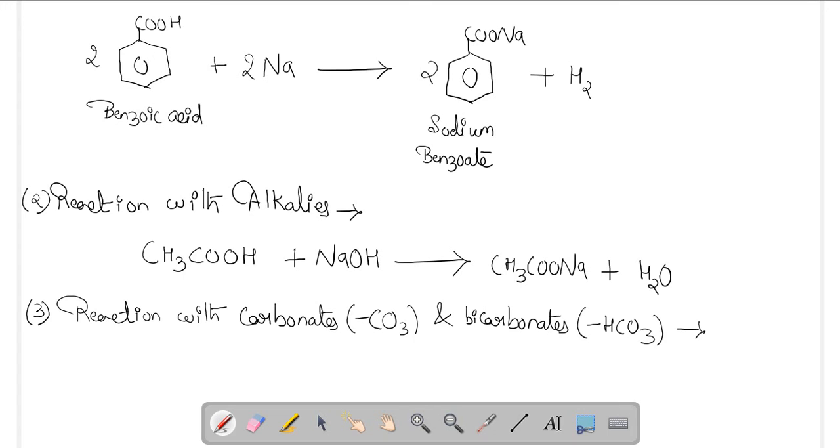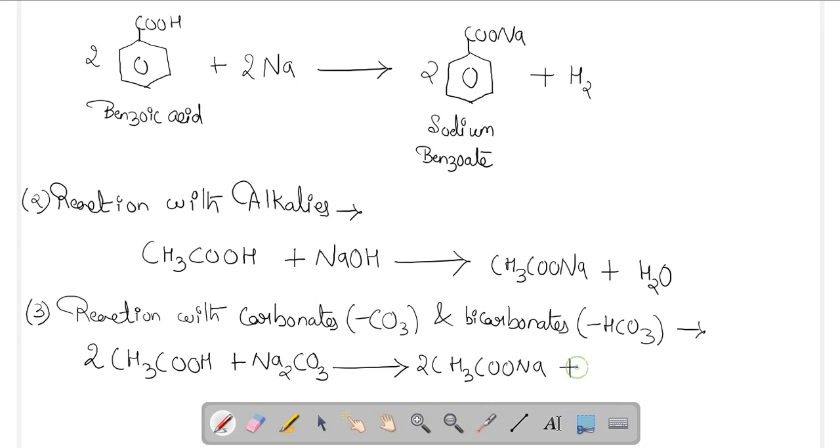So here, when two molecules of acetic acid are reacted with, let us say, sodium carbonate as an example, then the formation of 2CH3COONa plus carbon dioxide and water will take place here, and the formation of sodium acetate, that is a salt, will take place here.